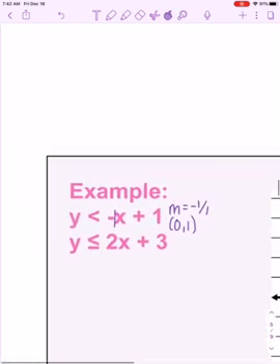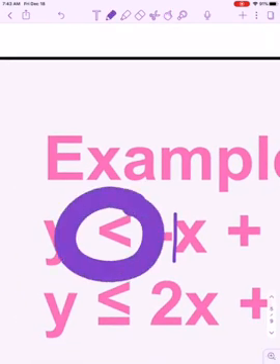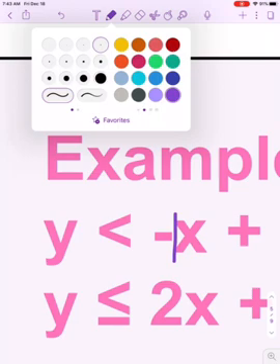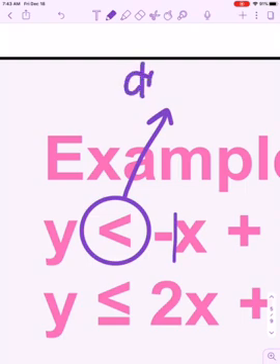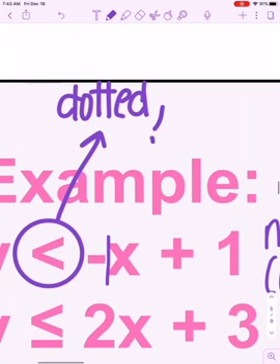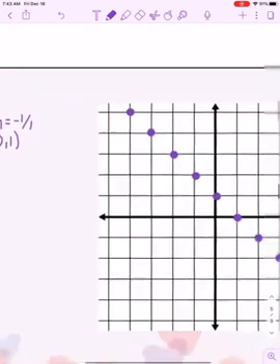Now, be careful, before you just connect them really quickly, we need to know if it's dotted or solid. This first one does not have a line underneath the inequality, so it's going to be dotted. And it's less than, so we're going to be shading below.